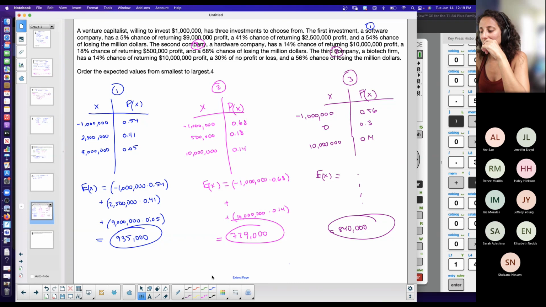So, I would say that the first investment is the best. The third investment is the second best, and then the second one. So I would go 1, 3, 2.